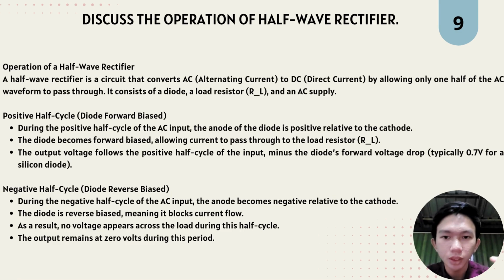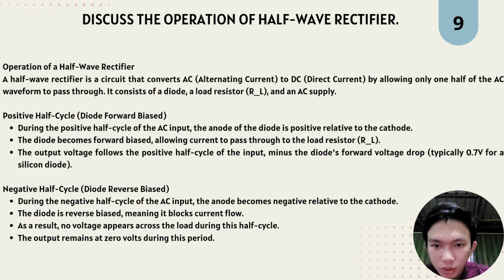It means the diode is forward biased. Next, the output voltage follows the positive half cycle of the input, minus the diode's forward voltage drop, typically 0.7 volt for a silicon diode. Next is the negative half cycle, which means a reverse bias diode.